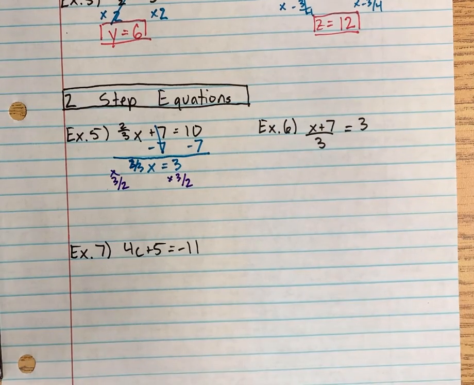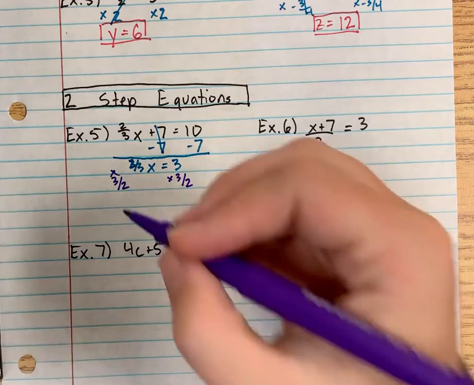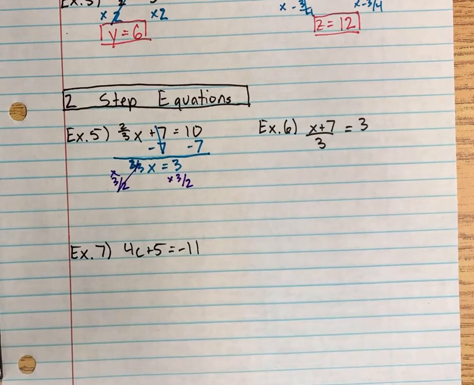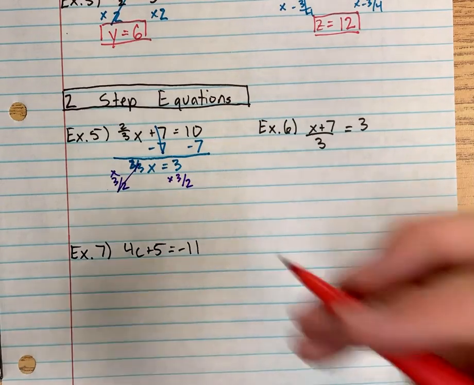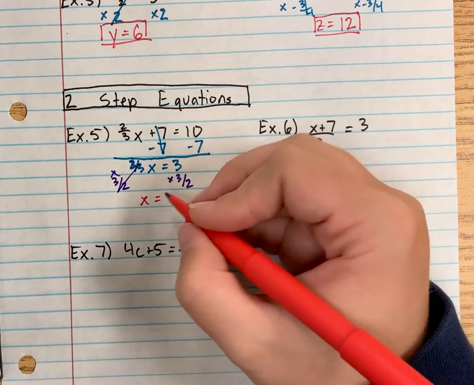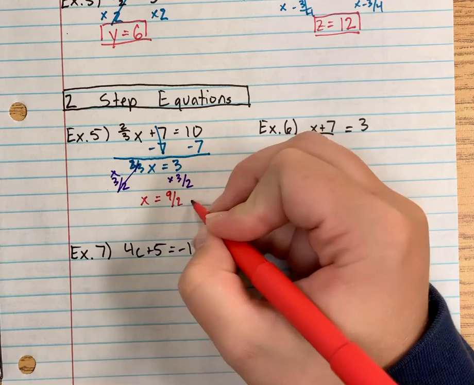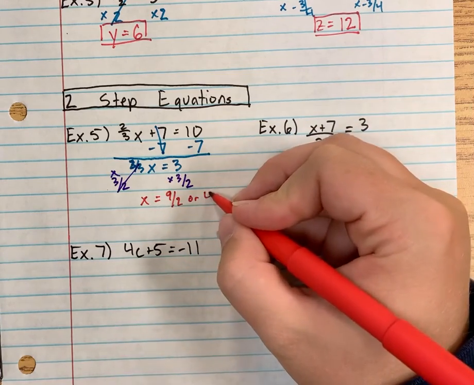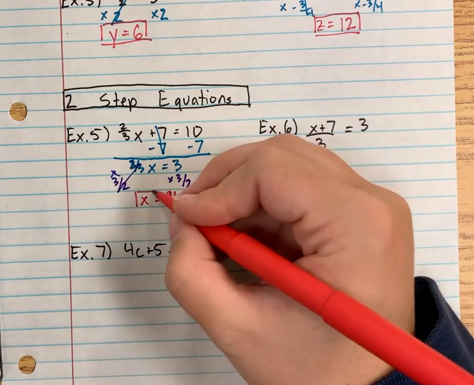And what you end up with when you do that is now these have canceled. Okay, so you're left with x equals 3 times 3 over 2 is 9 over 2, or you could say 4.5.